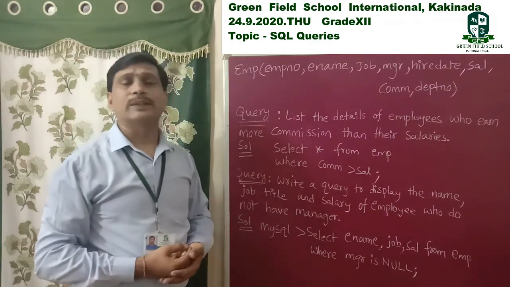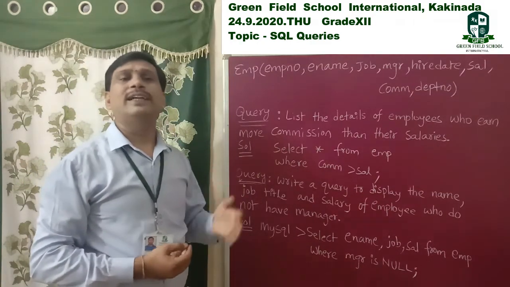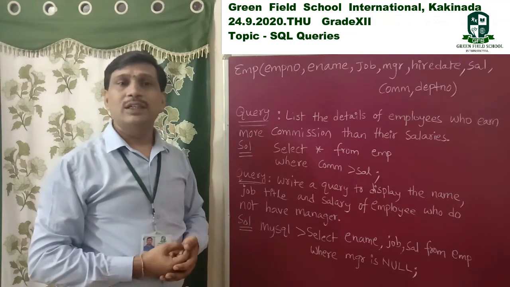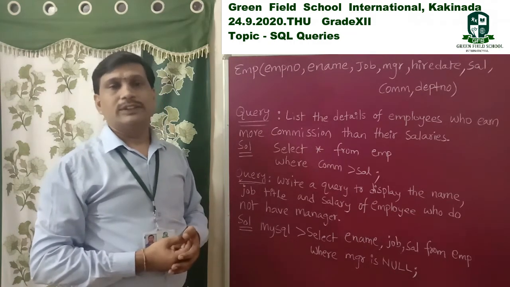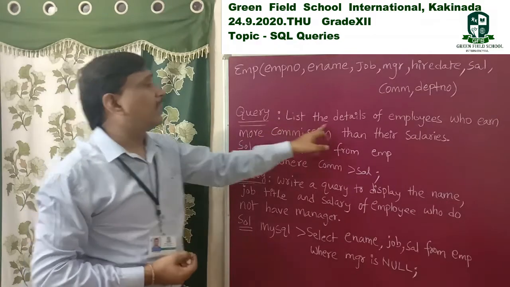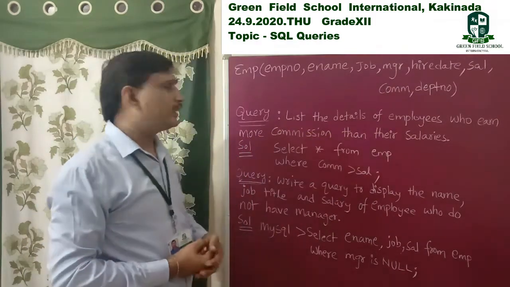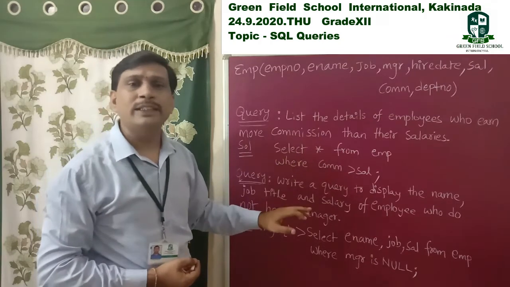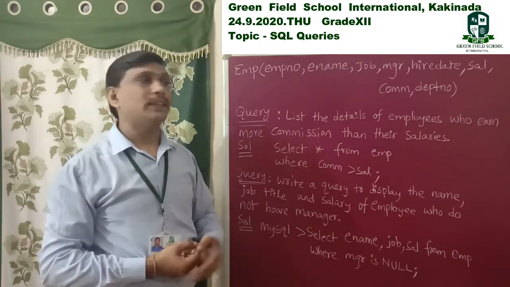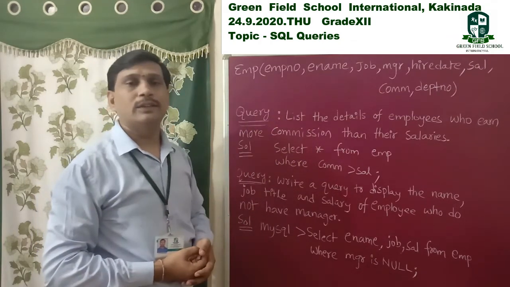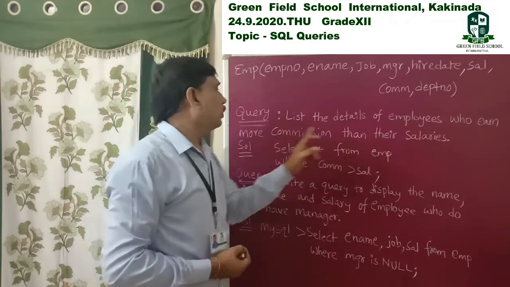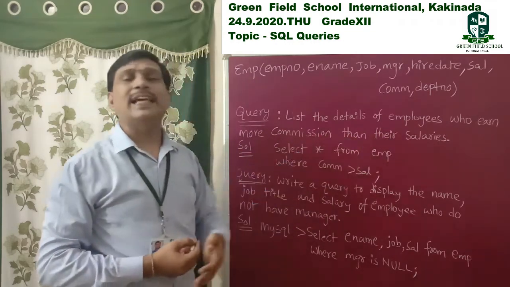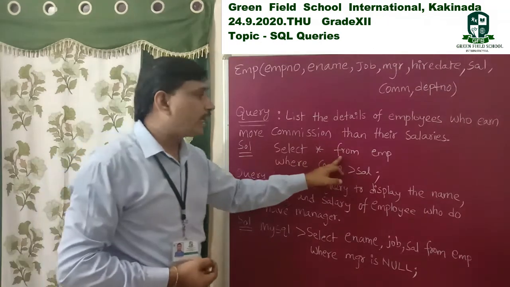So how do we write it? First we analyze the query, then we write the solution, that is the select statement. They are asking to list all the details of employees, so select star, which means all the details of the employee table. Next, from which table?